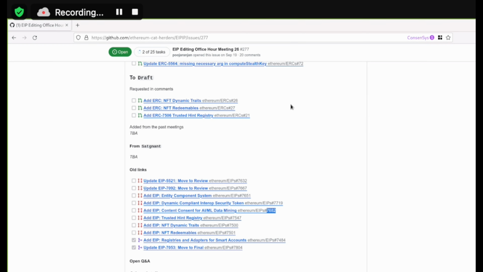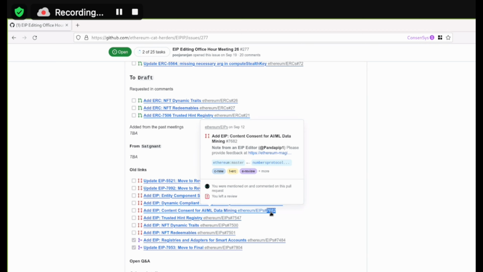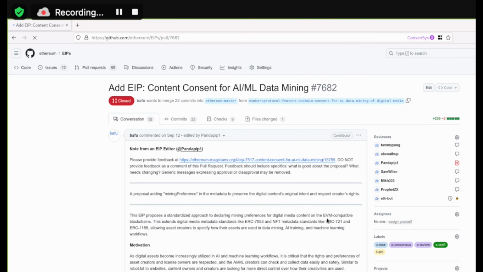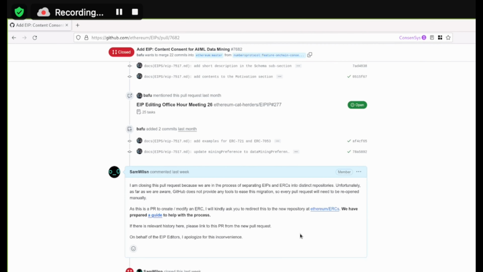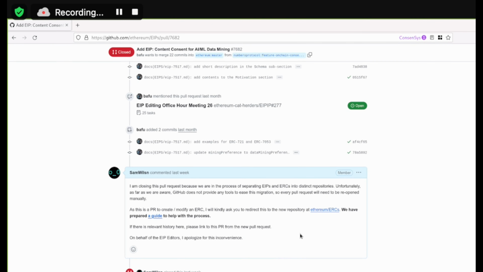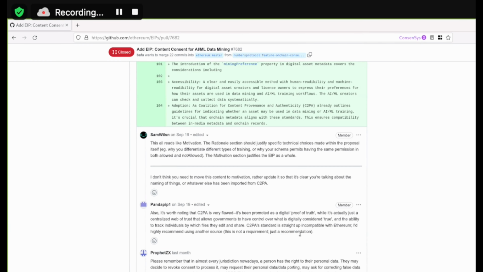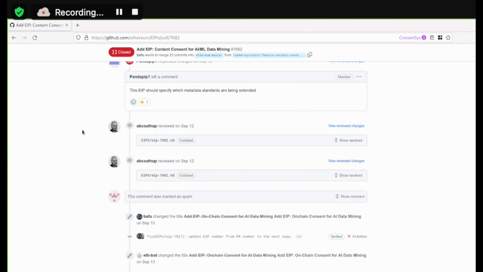Yes, I think this one here is 7682. There's no reason that we can't work on this. It just has to be moved to the other repository before we can do anything with it.